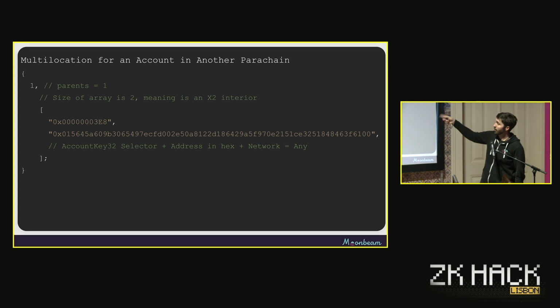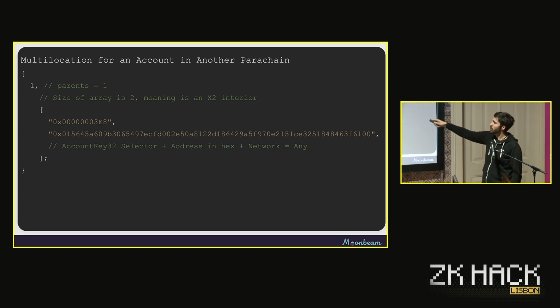If you want to target another account, look that it's fairly similar. You have parents as 1, and now the array needs to be X2 because we need 2 fields to define it, the parachain ID and the account.